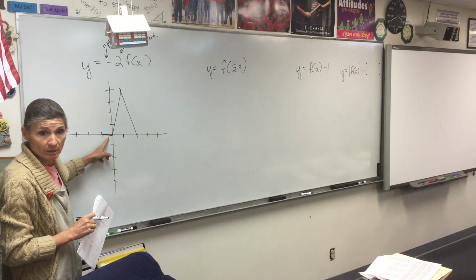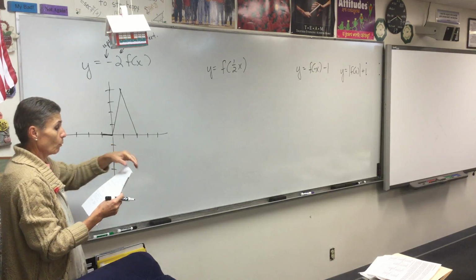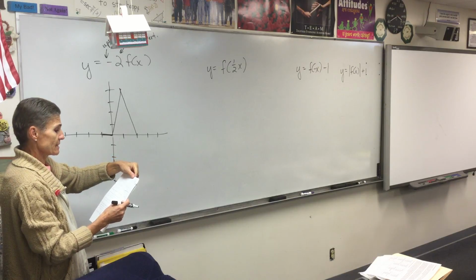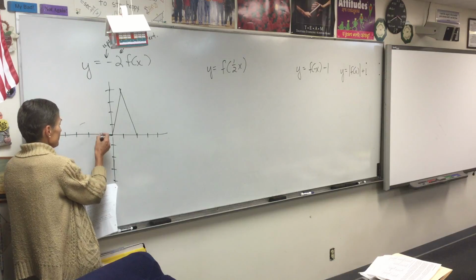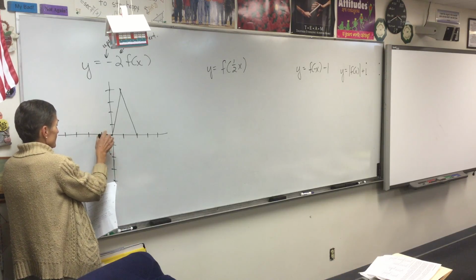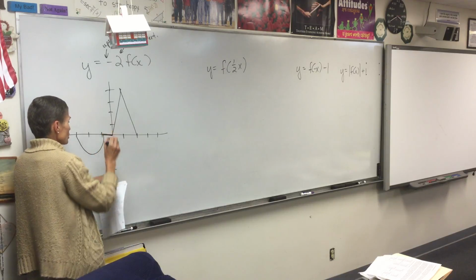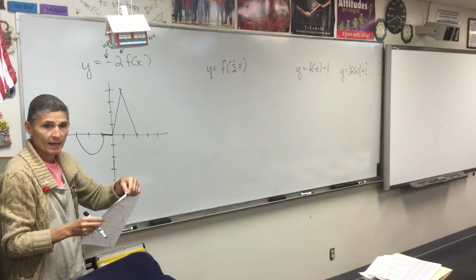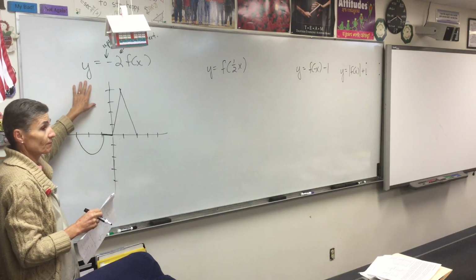Double it, it's still 0. That's going nowhere. But what about that? I guess that's a circle. What about that circle right here? What's going to happen to him? He's going to go down, and instead of going down just 1, he's going to go down 2. So that would be a picture of the first one.